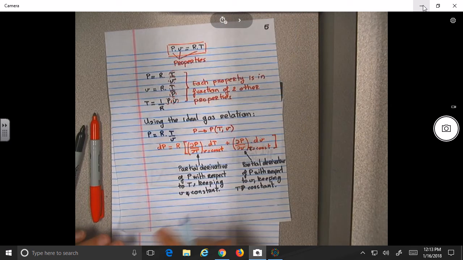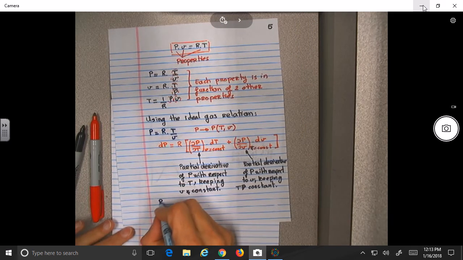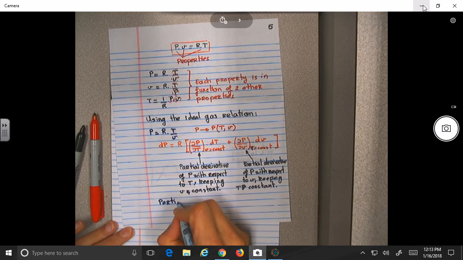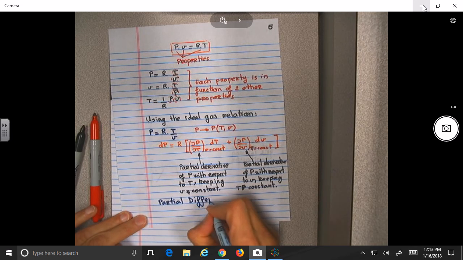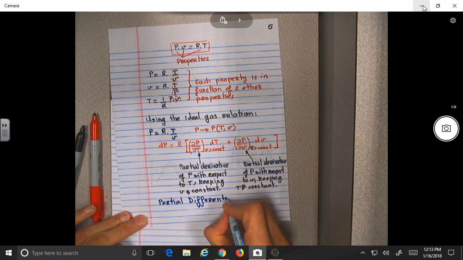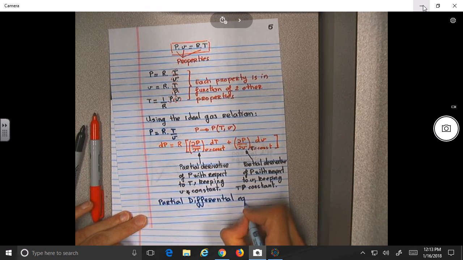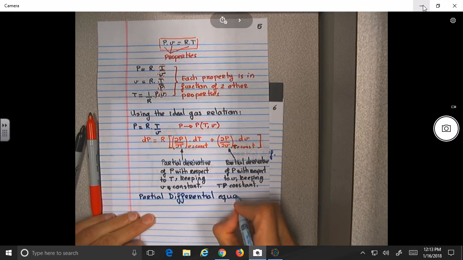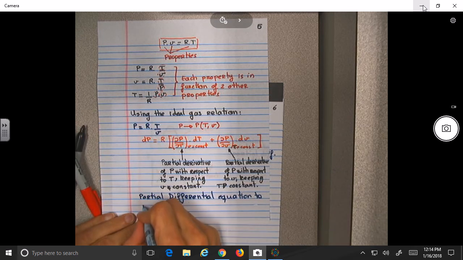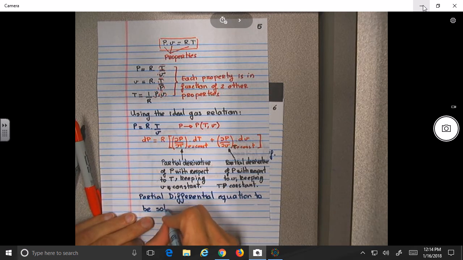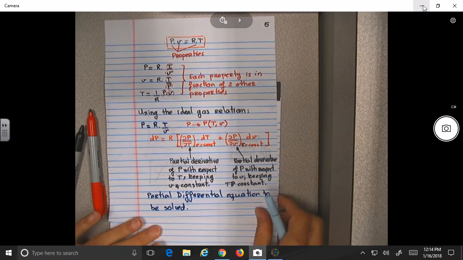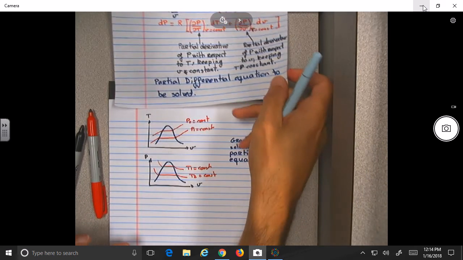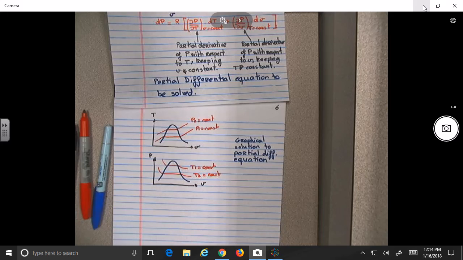So this is a partial differential equation to be solved. Okay, so this will be the graphical interpretation.